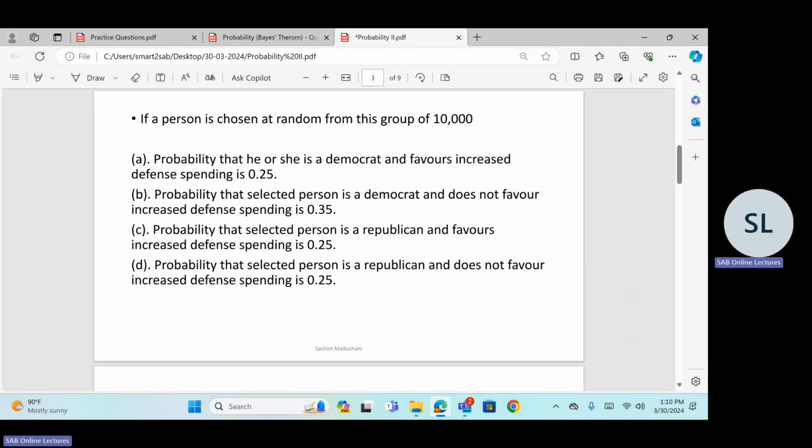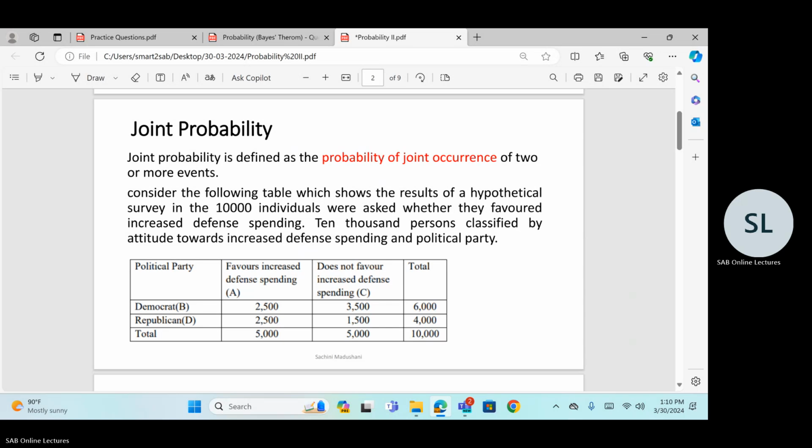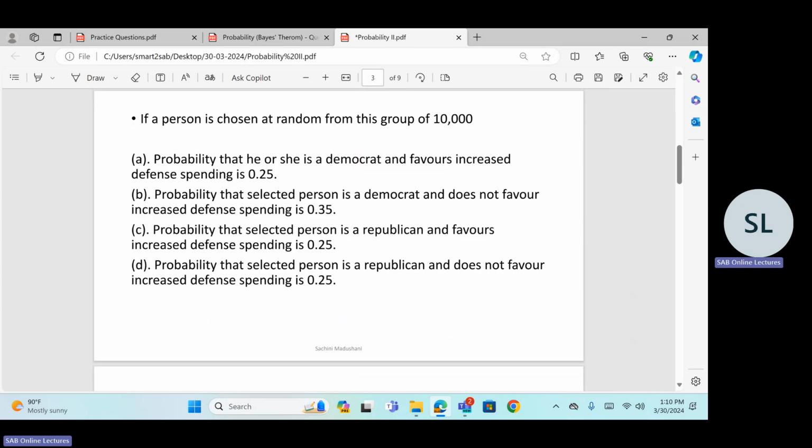Second one: the probability that the selected person is a Democrat and does not favor increased defense spending. It means what? This one says the selected person is a Democrat, and the other one is favor increased defense spending.